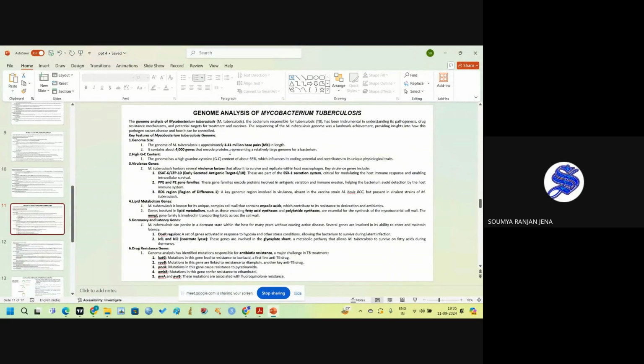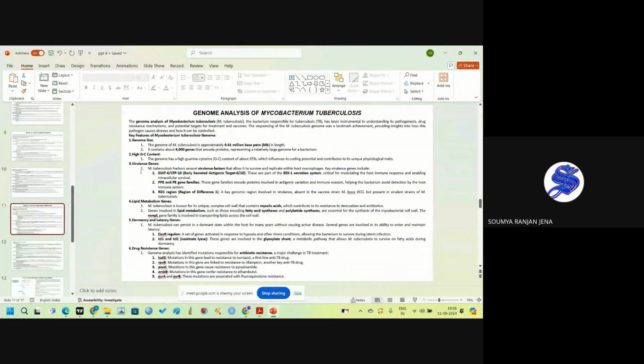The genome size of this TB species is approximately 4.41 million base pairs, and it contains about 4,000 genes that encode proteins, representing a relatively large bacterial genome. As we previously discussed for Plasmodium falciparum, the AT content is high. Here the GC content is high, that is 65%, which influences its coding potential and contributes to its unique physiological traits.